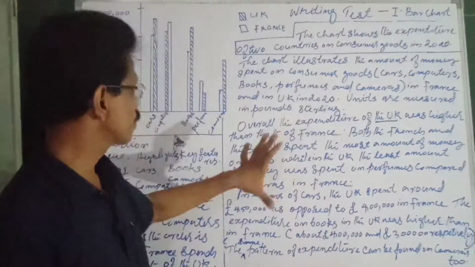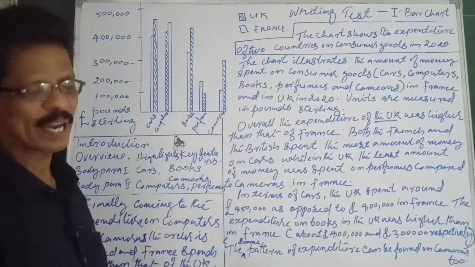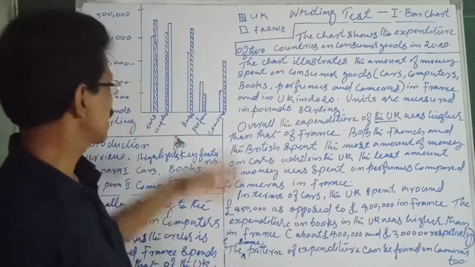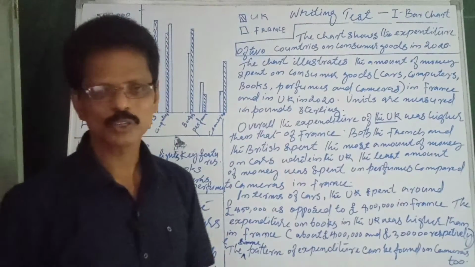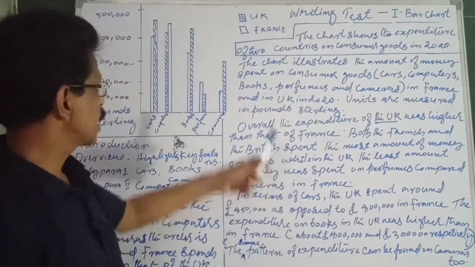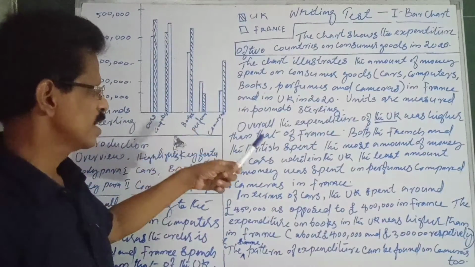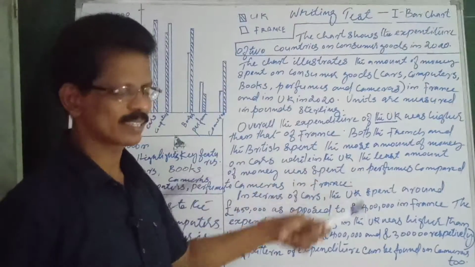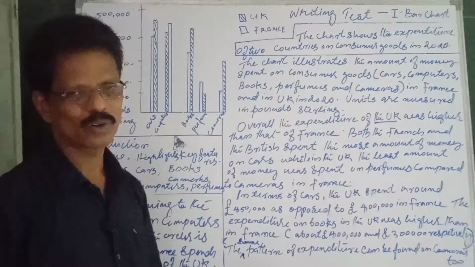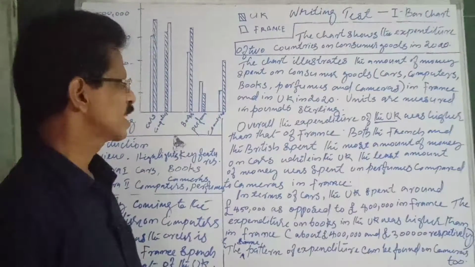That is an overview. There is some total summary, highlights of this graph. This bar graph, of course, not chart, sorry. So the highlight of this bar graph is where do they spend the most, where do they spend the least. It is being compared. It is a comparison. Okay, so you have to use degrees of comparison.